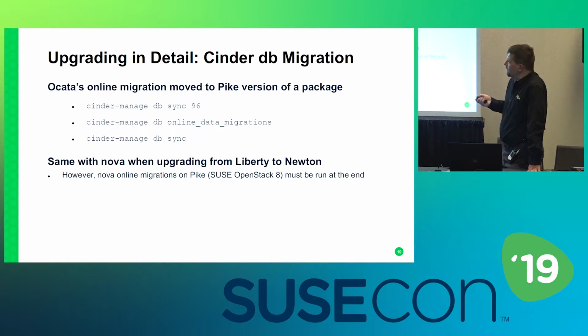What is different is that unlike with Cinder, where we basically need to run it before dbsync, Nova online migration has to be run at the end of all migration. Basically, once all the Nova services are upgraded, right?